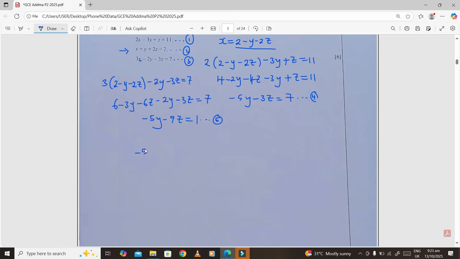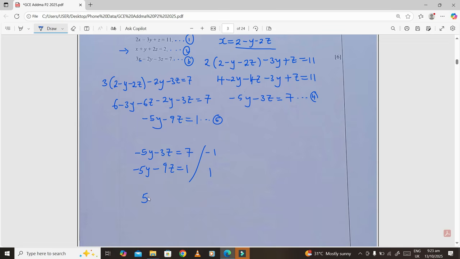Equation 4 looks like this. This is equation 4. And then equation 5 looks like this. So we can solve these 2 simultaneously. So we're going to multiply equation 4 by negative 1. I hope you know how to solve the simultaneous equation.